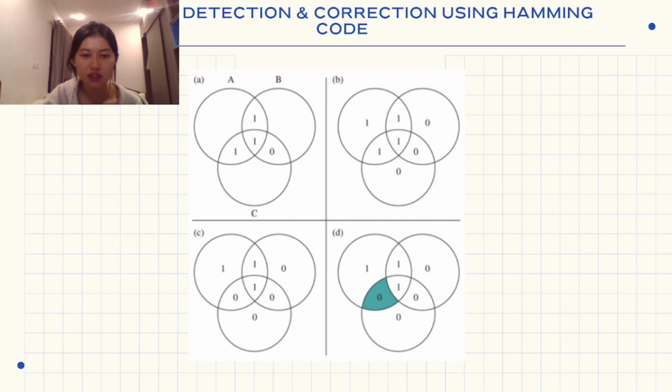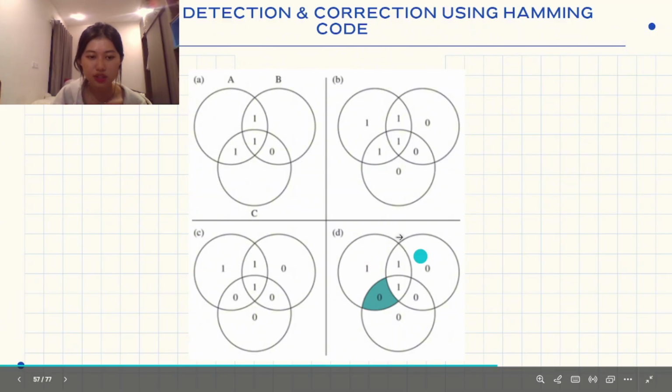At picture B, you can see that we have three ones in circle A, so the parity bit here will be one. With circle B, we have two ones, so the parity bit will be zero. And we do the same with the third circle, circle C, which will be zero too.